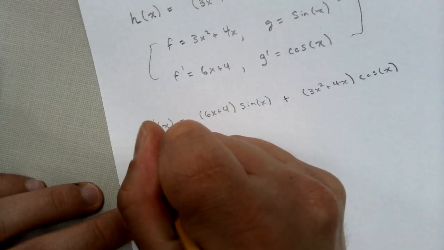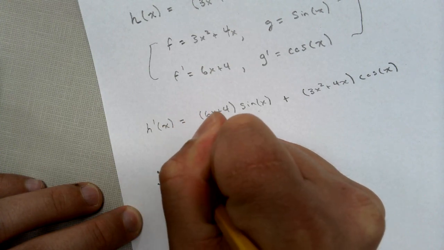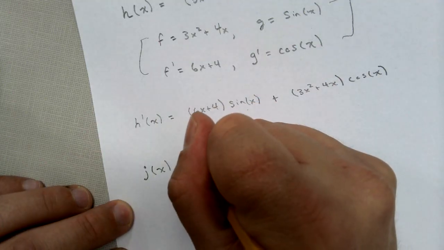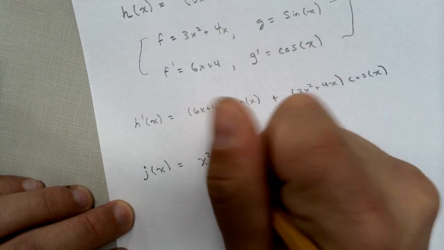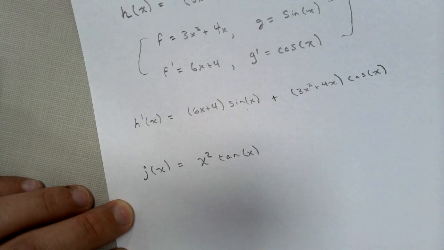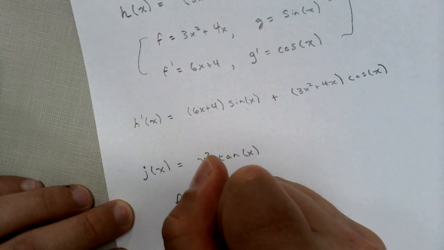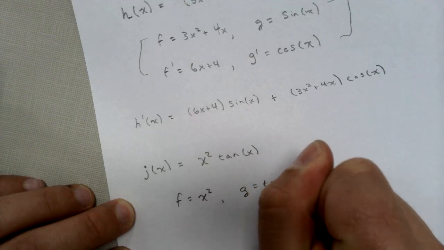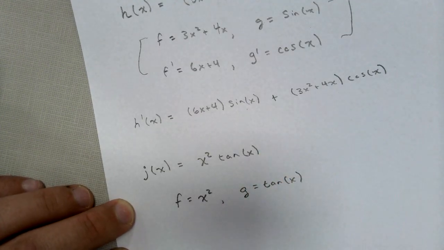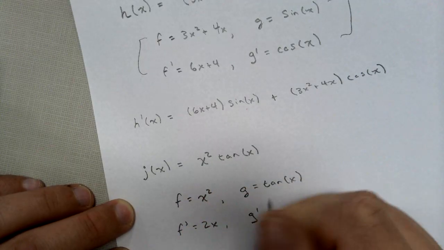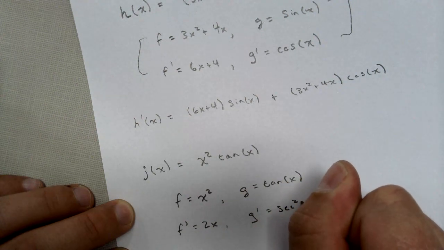All right, let's do another. So let's call this function j of x, and we will have j of x be equal to x squared times tangent of x. Well, same thing applies. So we'll let f be x squared, and we'll let g be tangent of x. f prime is equal to 2x, and g prime is equal to secant squared x.